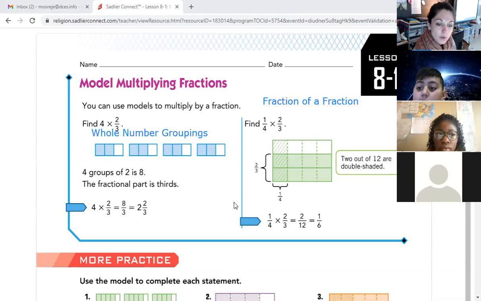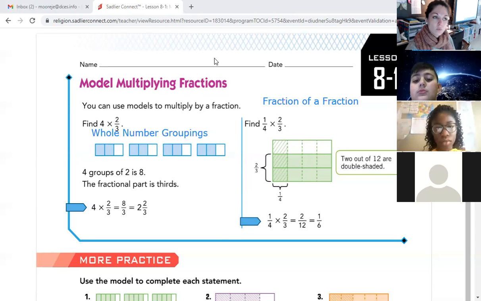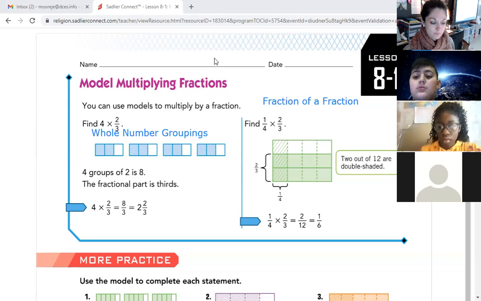And then on your homework, you had a couple that were whole number groupings and a couple that were fractions of fractions. So what I'm going to do is look at yesterday's homework and use that as my platform for building on today's content.